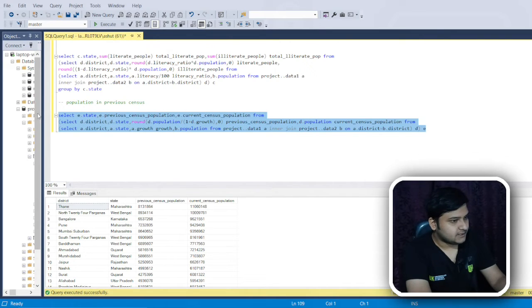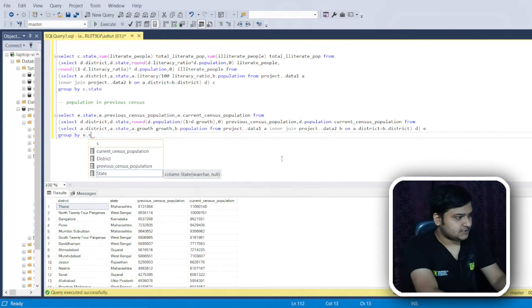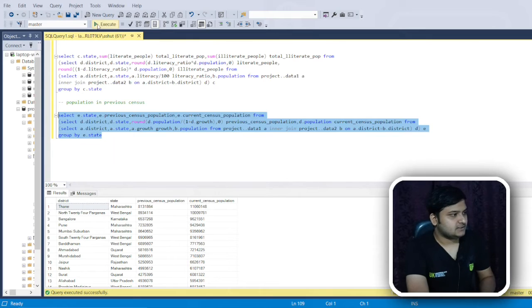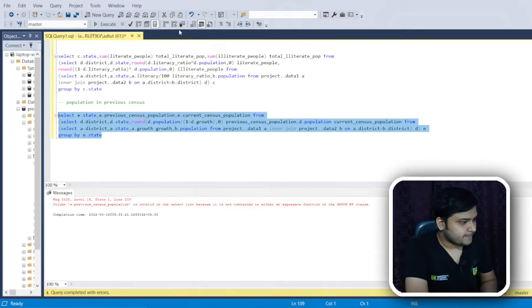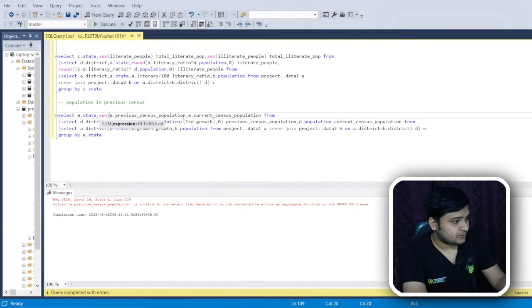We'll run the query. Okay, we need to group by also, so we'll be using the group by function. So grouping this by the state, let us run this query. Let us see what result we are getting. If we need to do the sum, we need to provide the aggregate function, otherwise it would throw this error which we are getting right now.